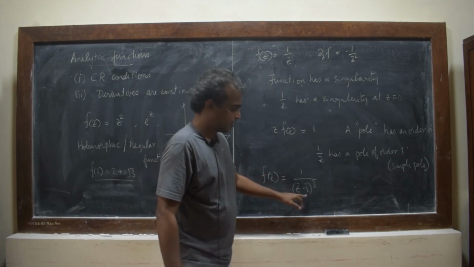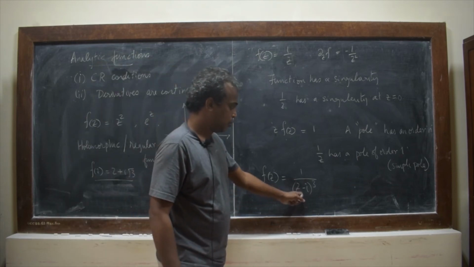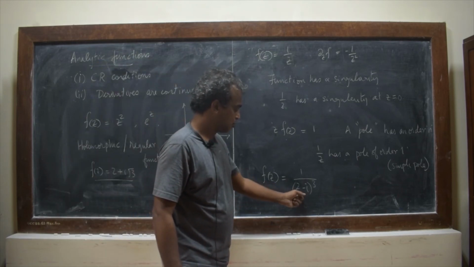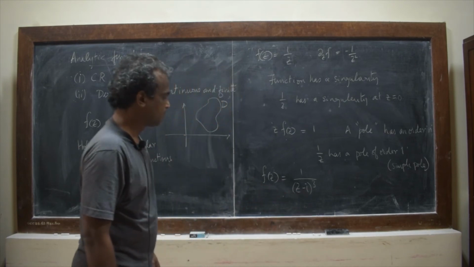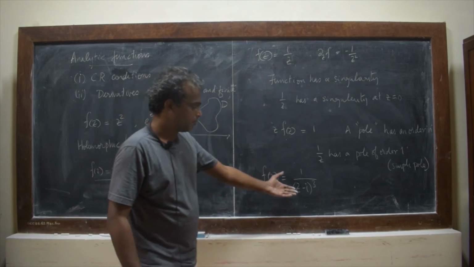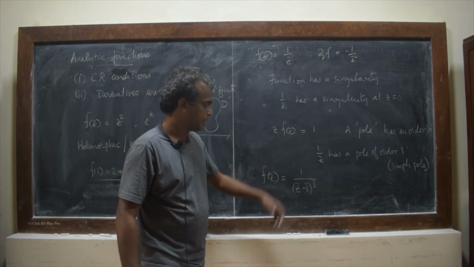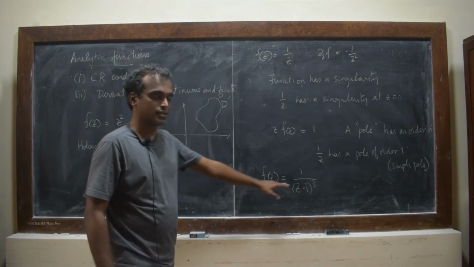This function as well as its derivatives has no problem at any point except the point z equal to i. At the point z equal to i, the function blows up, becomes infinite, and its derivatives also become infinite, and hence it loses its analytic property.